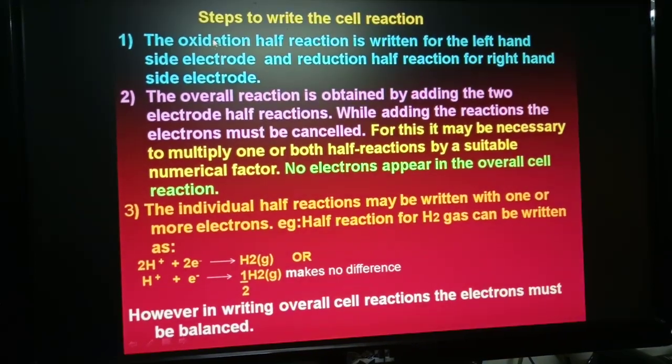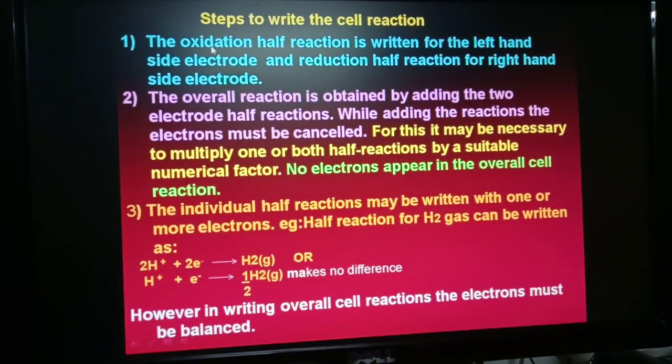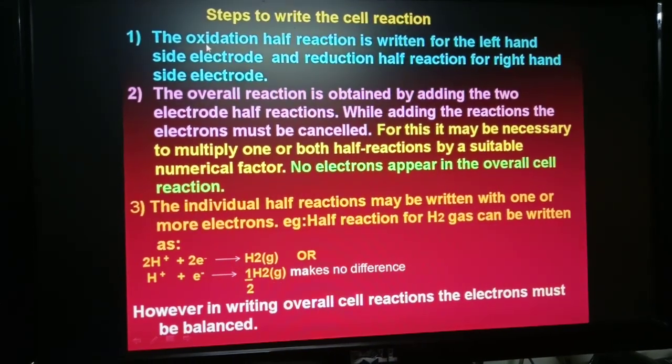The electrode connected to the negative terminal will play the role of anode and is said to oxidize, so we write the oxidation half reaction for it, which shows loss of electrons. The electrode connected as cathode, written towards the right side, will gain electrons. Therefore we write the reduction half reaction for that electrode.